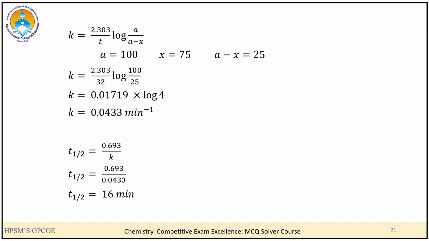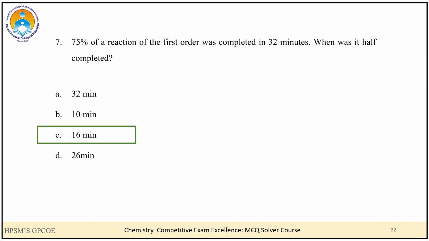We arrived at the value 0.0433 per minute as the K value. Using this value, we find out the T half for the reaction, which is 16 minutes. Option number C, that is 16 minutes, is the correct option.